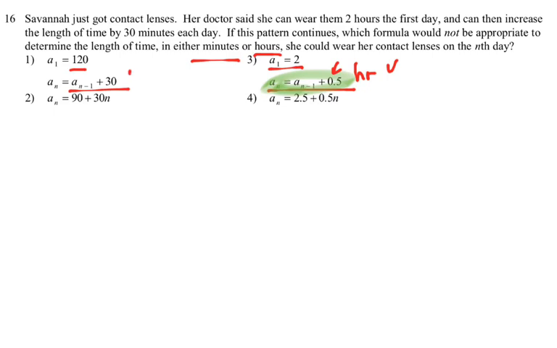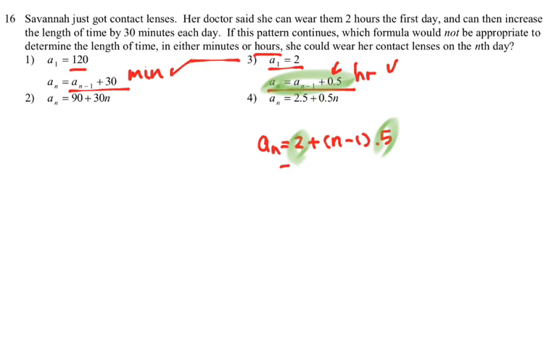Now, so that's in terms of minutes, so that's good. But if you have to remember, we can write down explicit formula, which would be choice 2 and choice 4. But let's look at the hours. Then what we have to do is, this would have been our explicit formula for the length of the time in hours. So a sub 1, as you can see over here, plus n minus 1 times d, which is right over here.